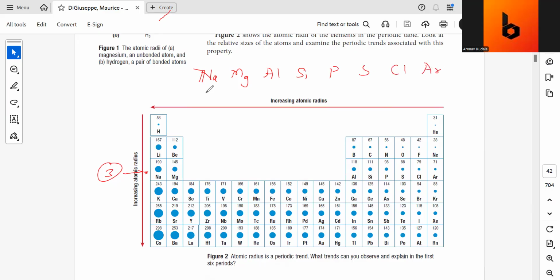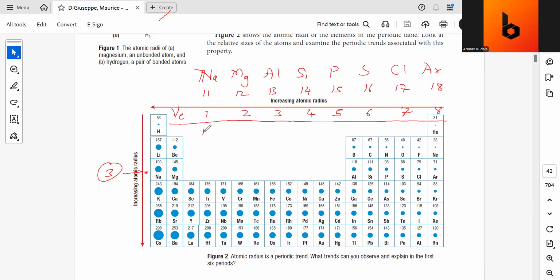The number of protons are 11, 12, 13, 14, 15, 16, 17, 18. Now let us talk about valence electrons: 1, 2, 3, 4, 5, 6, 7, 8. And then let us talk about the difference between them.